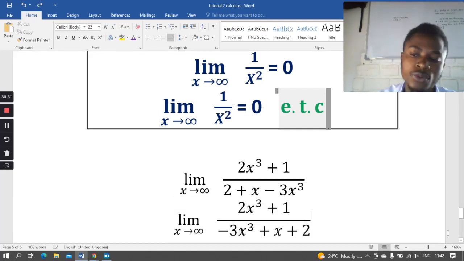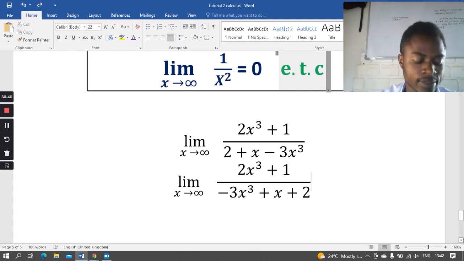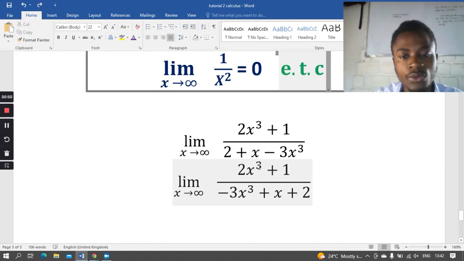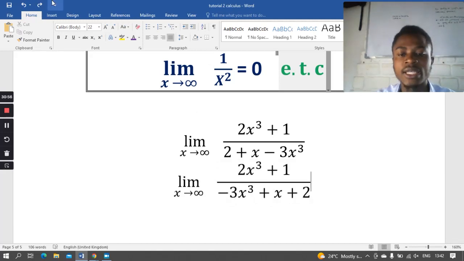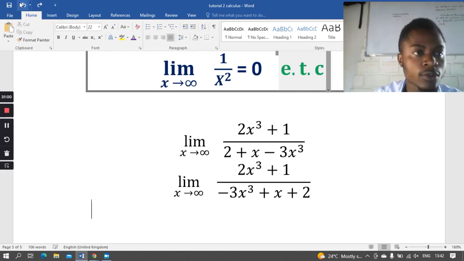Okay, so from here, what I'm going to do is factorize x with the highest degree, not the highest digit, the x with the highest degree. On the numerator, it is x cubed, and also on the denominator, it is x cubed.